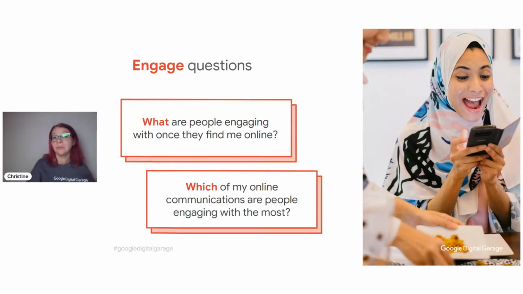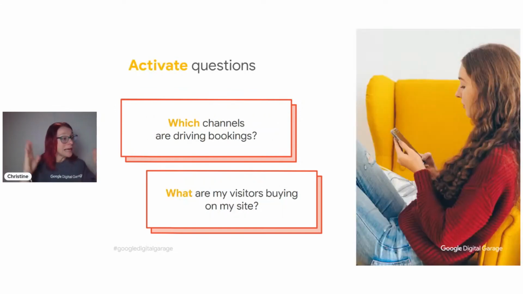So you might have some different kinds of communication being sent out. Which of those are actually driving people to engage? And it's all about behavior, trying to find those moments and habits and activities that are actually connecting with people, and they're getting the information that they need from us in order to activate.